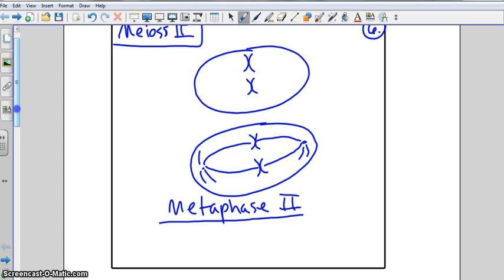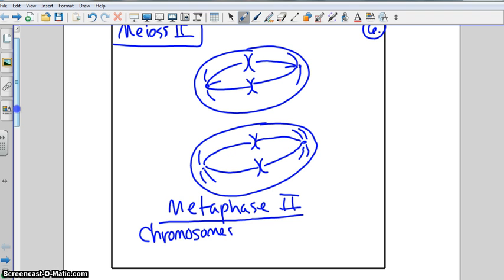And these spindle fibers, they do lots of other things. They don't just pull the chromosomes. They actually help push the cell apart to help the cell divide. They have other functions. But for our concern, they're just grabbing those chromosomes. So chromosomes line up at equator just like in what process?